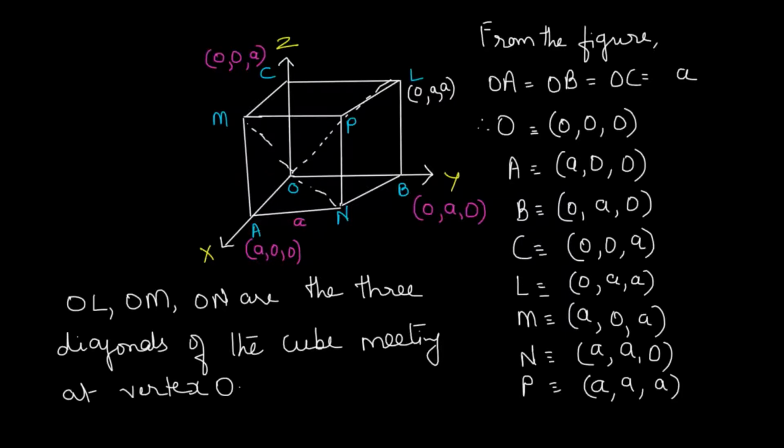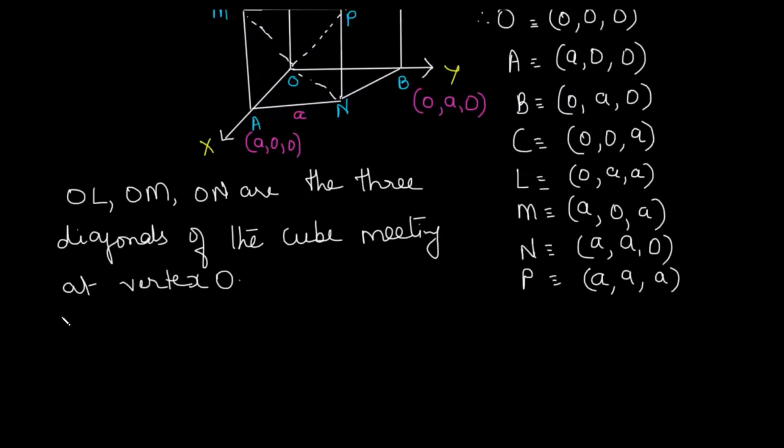And therefore, we have these vectors. O being the origin, OL bar is given by, look at the coordinates of L, so OL bar is given by 0i plus Aj plus Ak.